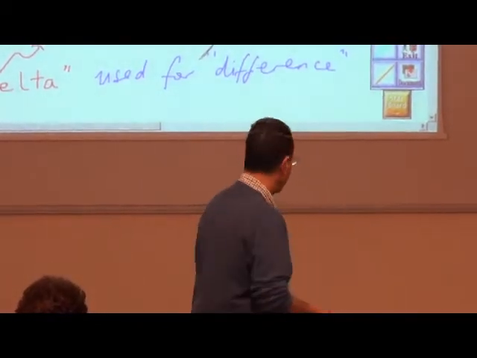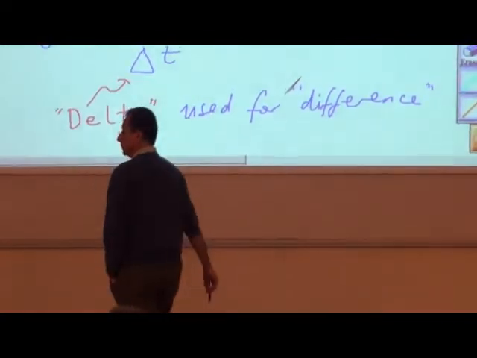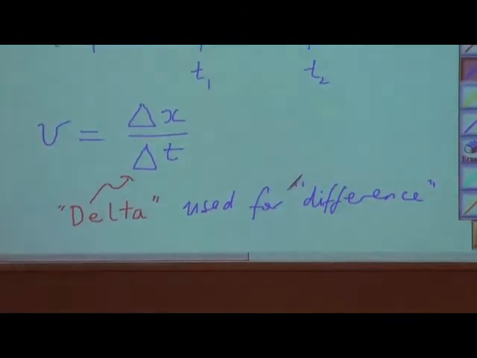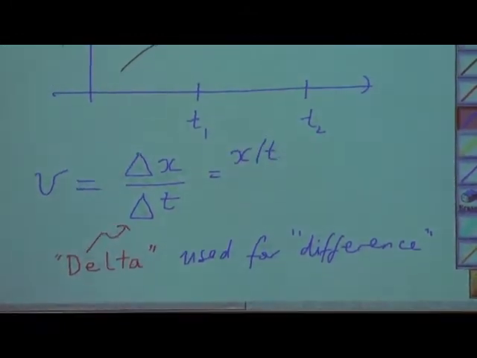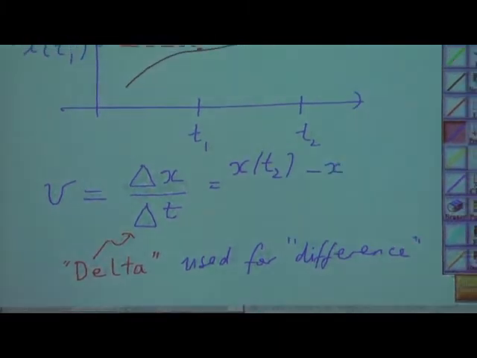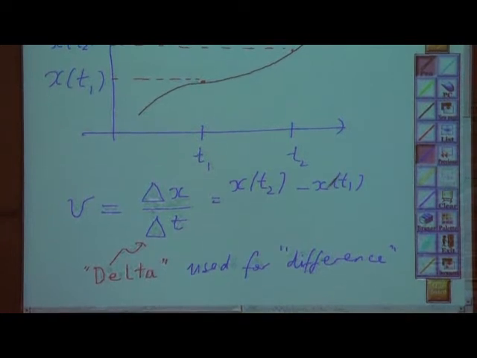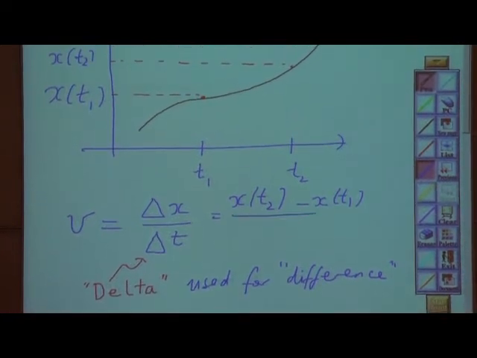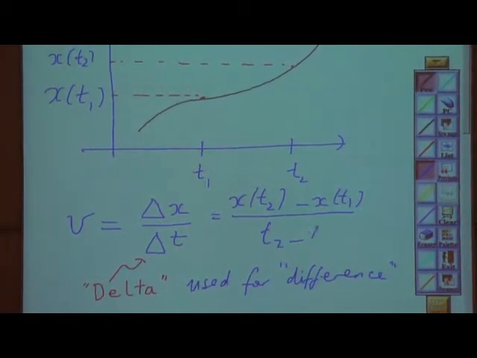Okay? Now, let's continue. What is delta x? Delta x is x of t2 minus x of t1. The later position minus the earlier position, and divided by, what's delta t? t2 minus t1.